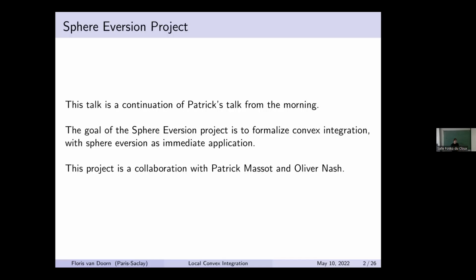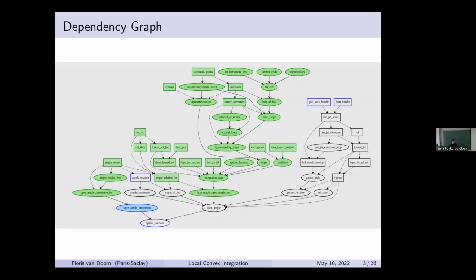Yeah, so for the people who weren't there this morning, the goal of this project, which I'm doing together with Patrick Massot and Oliver Nash, is to formalize sphere inversion as a consequence of a general theory of convex integration. As Jan also mentioned, Patrick wrote nice software which can generate dependency graphs.